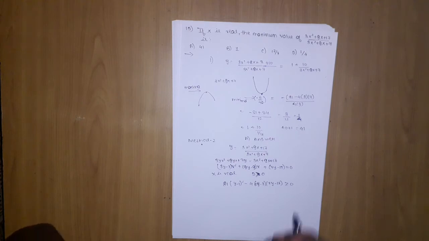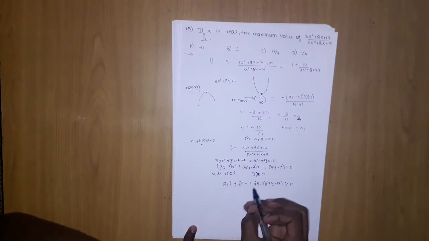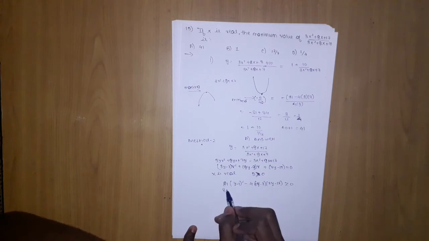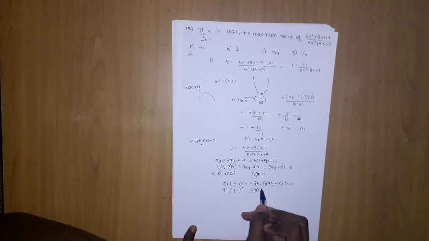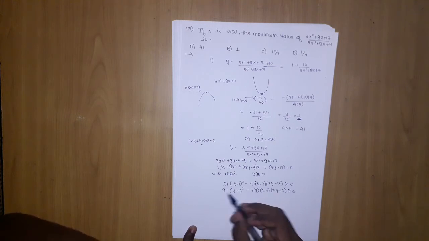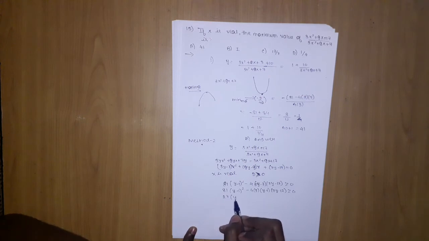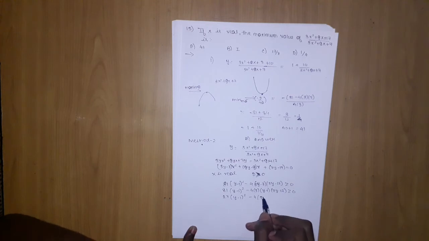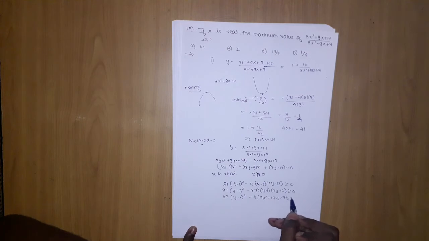I can cancel out this with this: 3 into 7 is 21, 81 into (y minus 1) the whole square minus 4 into 3 into (y minus 1)(7y minus 17), greater than or equal to 0.